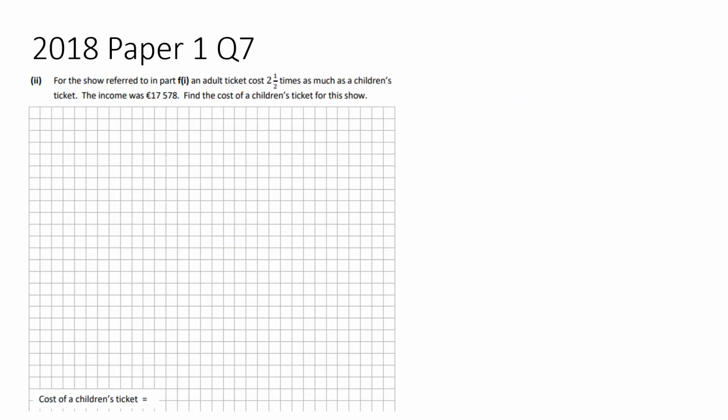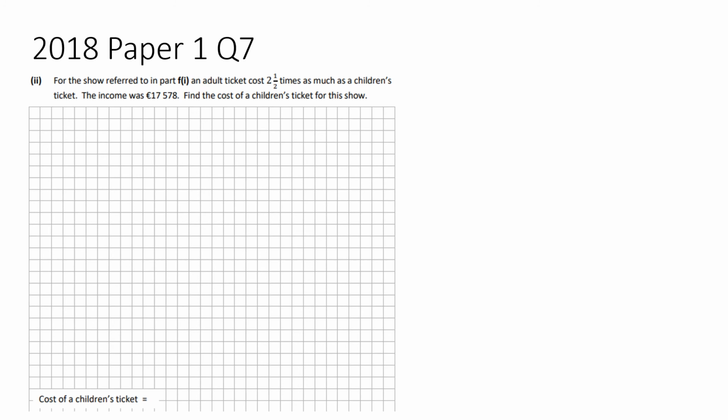For part 2 then, for the show referred to in part 1, an adult ticket costs 2.5 times as much as a children's ticket. The income was 17,578. Find the total cost of a children's ticket for the show. So we know an adult ticket costs 2.5 times as much as a child ticket.